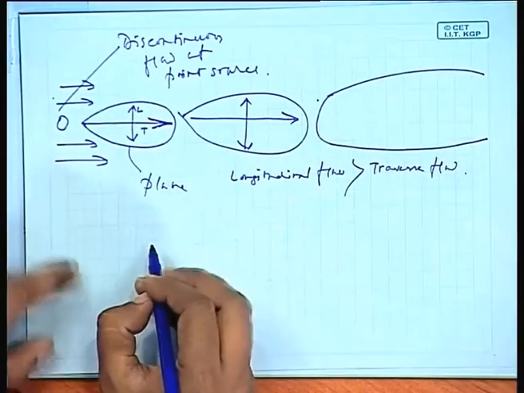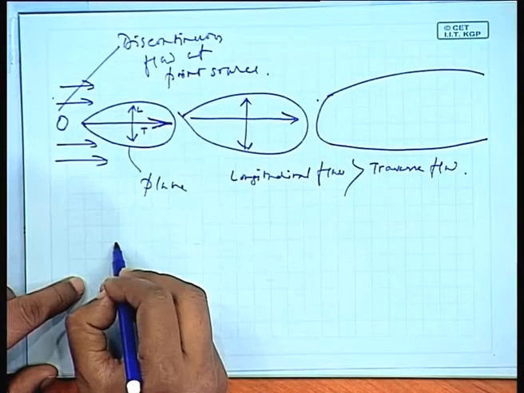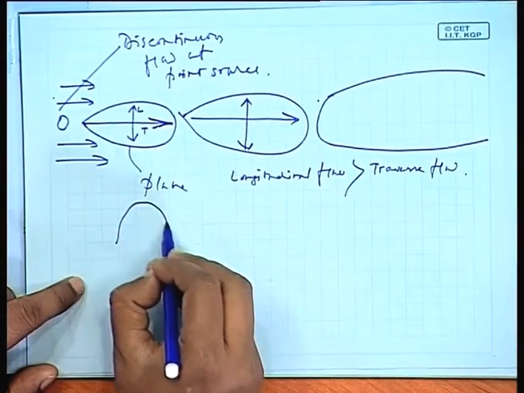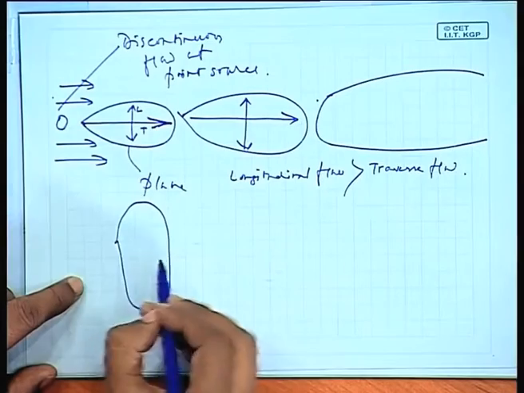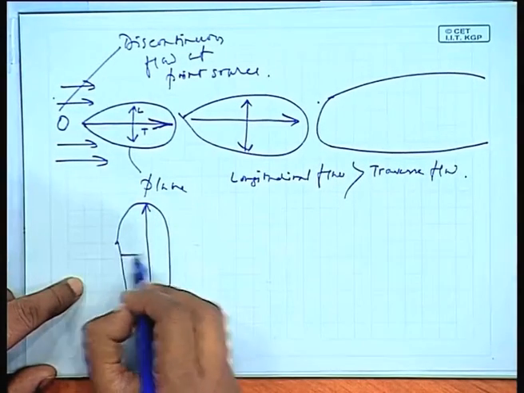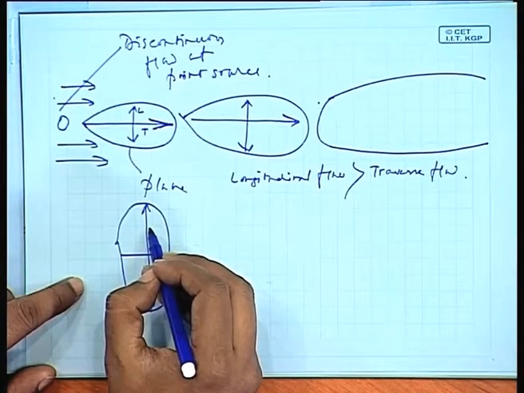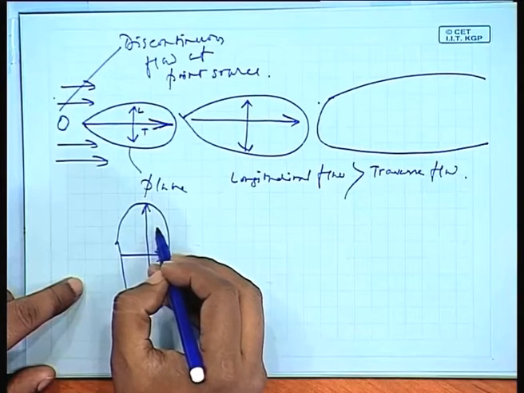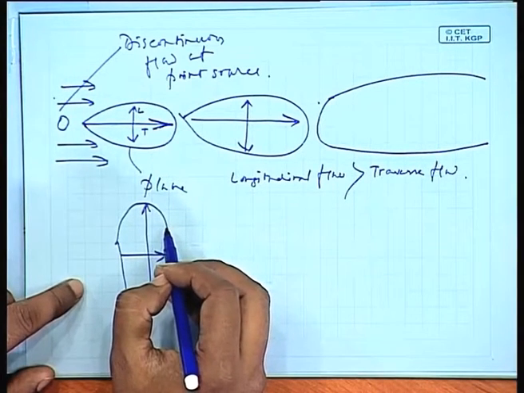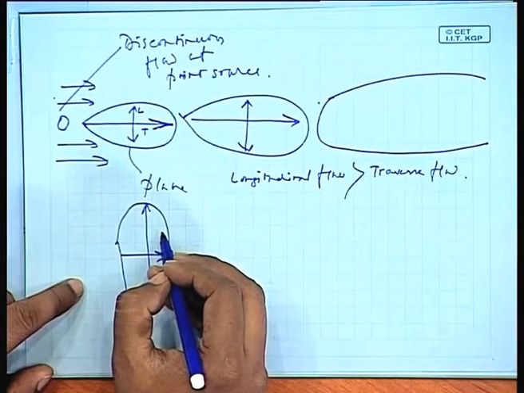So what is observed here is that instead of the plume looking like this, the longitudinal movement has become much more than the transverse movement. It is quite possible in most cases that this kind of situation can take place.